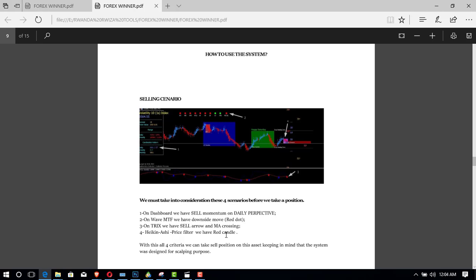There is no entry. On scenario number 2, about sell on volatility 75 index. The day 1 we have sell, number 2 we have buy, we have move green, and number 3 we have buy, number 4 we have arrow buy.